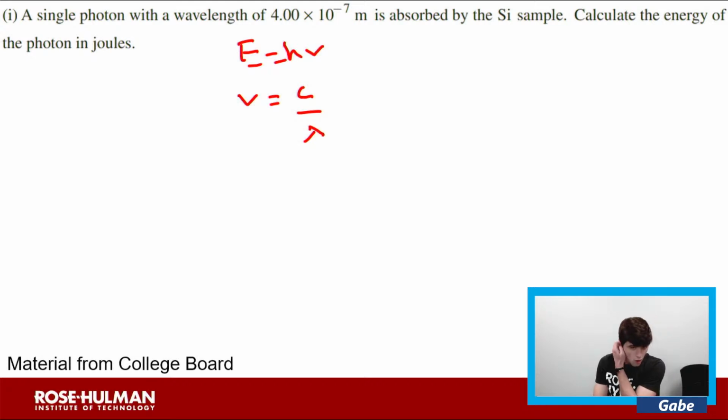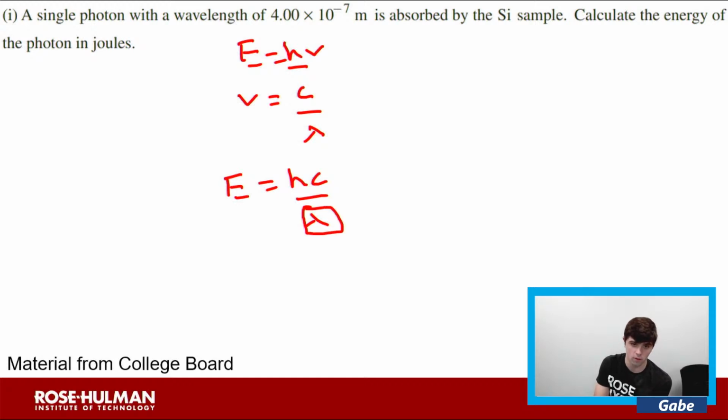So we can combine these two because we're given the wavelength, and we know that h is Planck's constant. So we can write our final equation as E equals hc over λ. Like we said, we have our wavelength, which is given in meters, so we have 4.0 times 10 to the negative 7th, and we have h as Planck's constant, which will also be given on the exam.